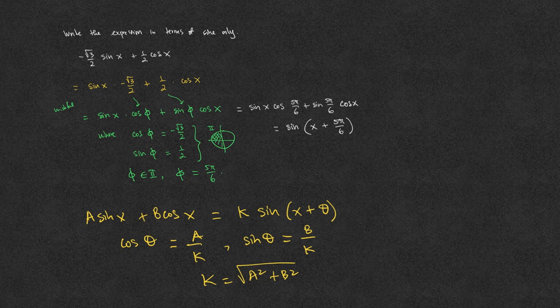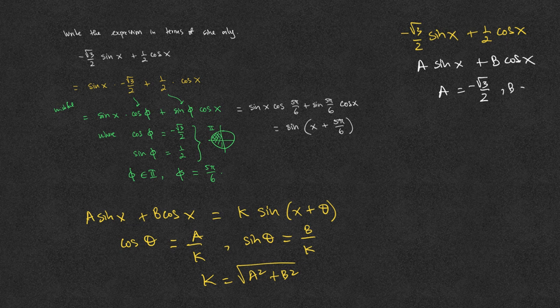The expression given is negative root 3 over 2 sine of x plus 1/2 cosine of x, and it resembles this formula. This is called the sums of sine and cosine formula. So we would compare it to a sine of x plus b cosine of x. We see that a has to be negative root 3 over 2, where a is the coefficient in front of sine, and b has to be 1/2, where b is the coefficient in front of cosine.